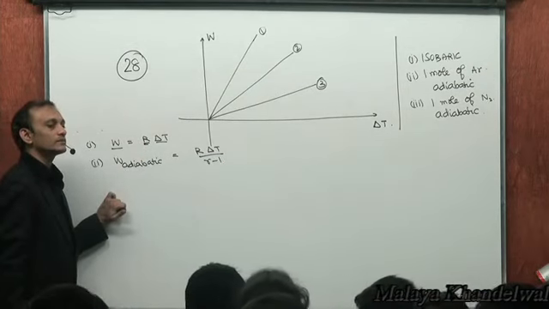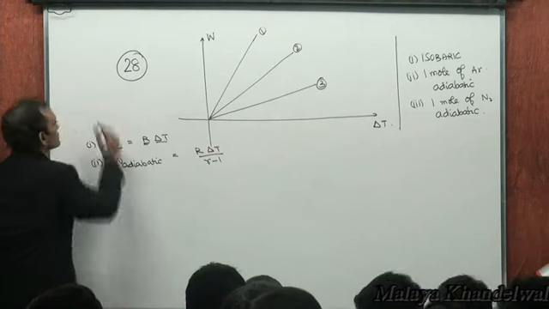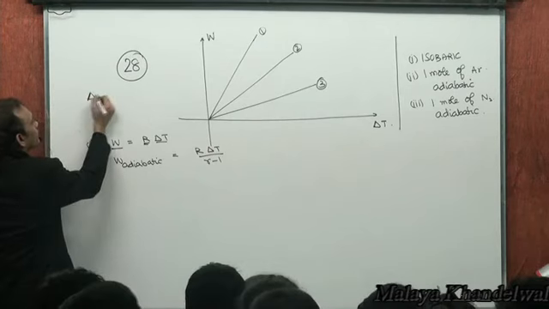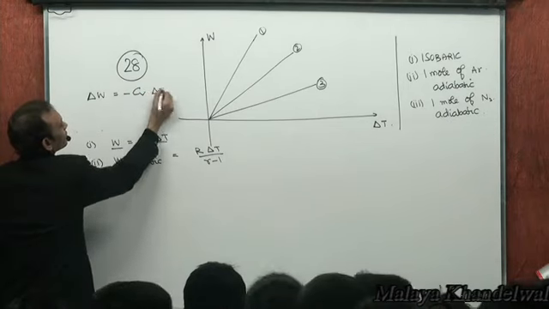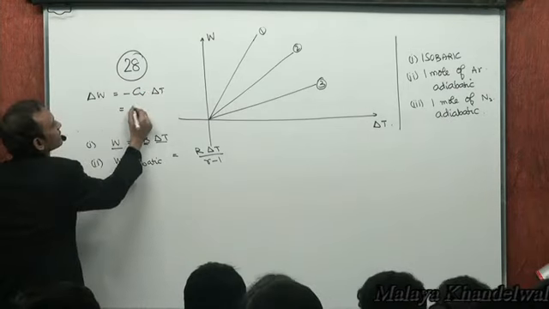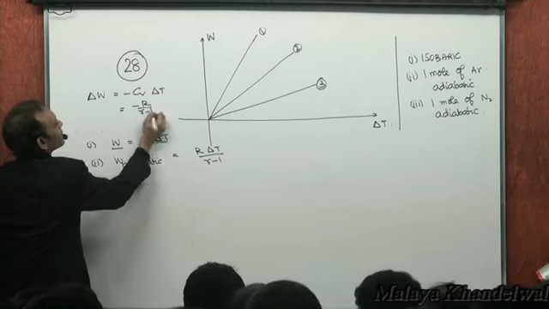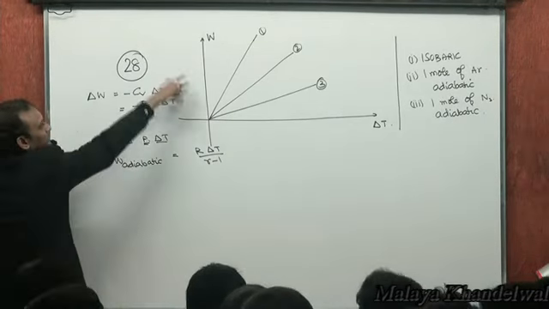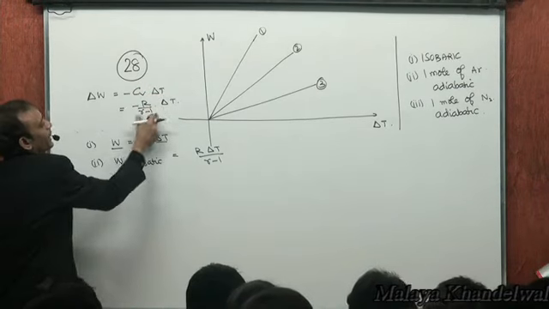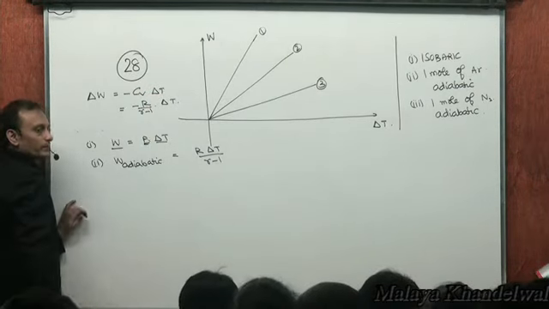Work done is the negative of the change in internal energy, so the magnitude of the work is R by gamma minus 1 into delta T.